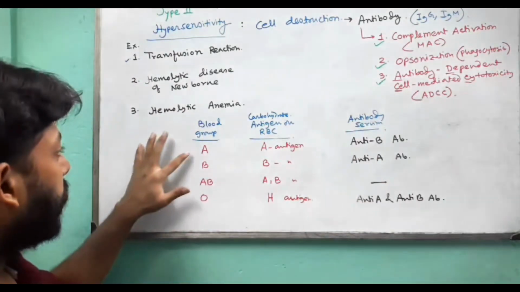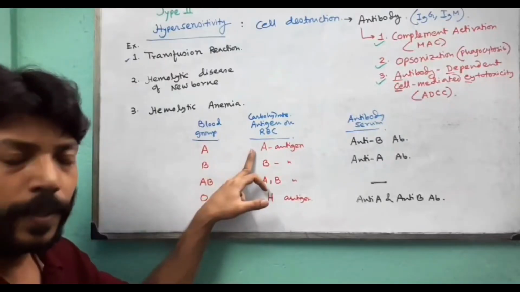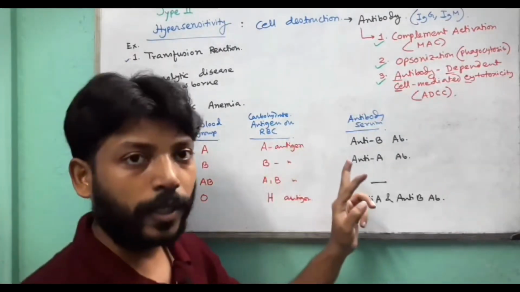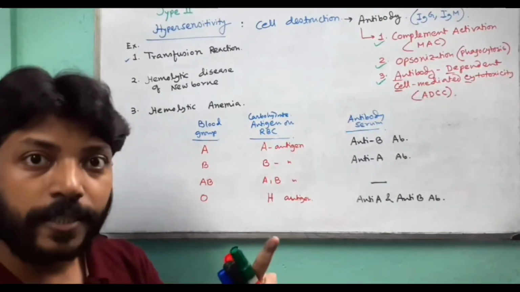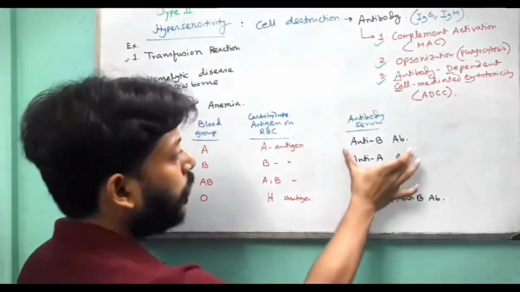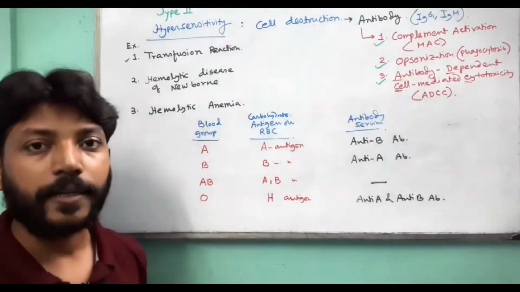Now you can see here the blood group A individual has A antigen, but this individual has anti-B antibody, an antibody against the B antigen. So how is this individual actually getting the B antigen?